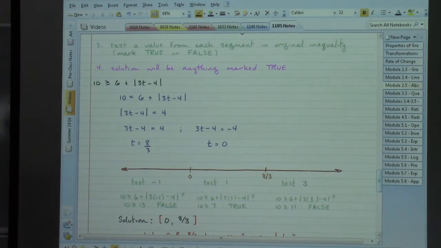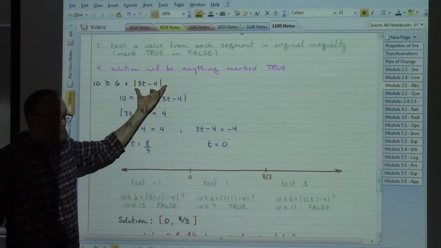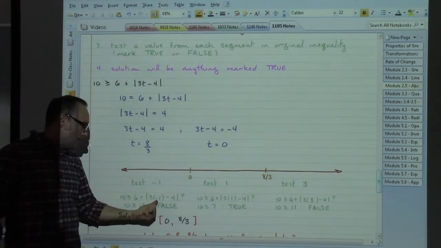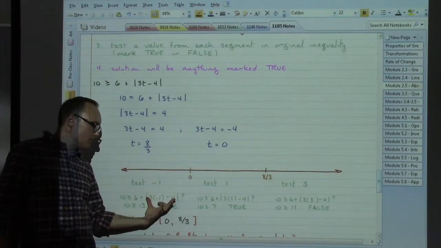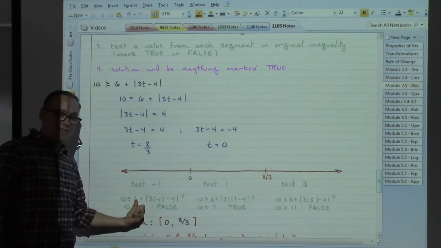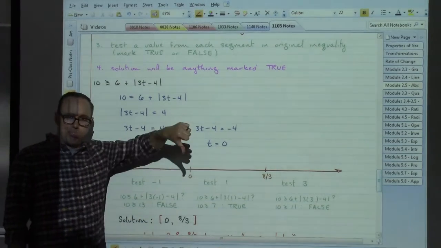That original inequality says 10 is greater than or equal to 6 plus the absolute value of 3t minus 4. So we put in the -1. 3 times -1 is -3, minus 4 is -7. The absolute value of -7 is +7. Plus 6 is 13. 10 greater than or equal to 13?